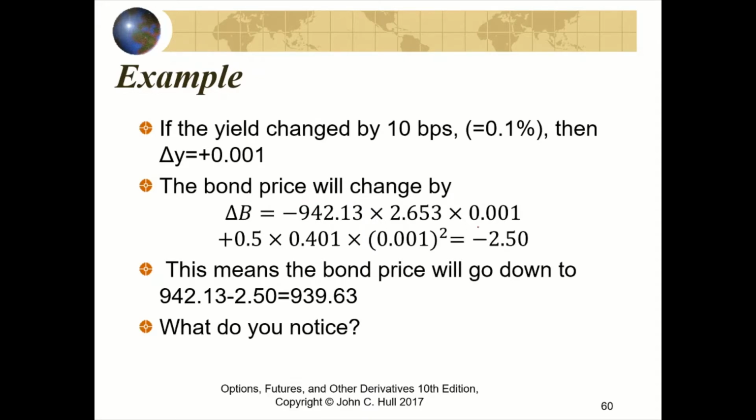So using the previous formula, we take minus the bond price times the duration times the change in the yield, plus 0.5 times the bond price times the convexity C times the square of the change in the yield.